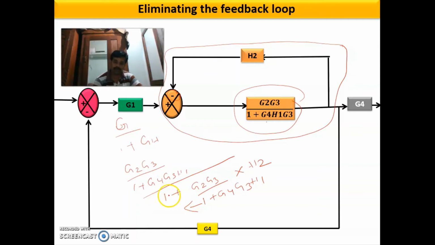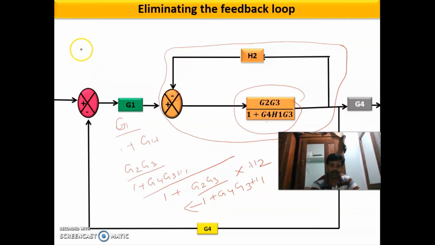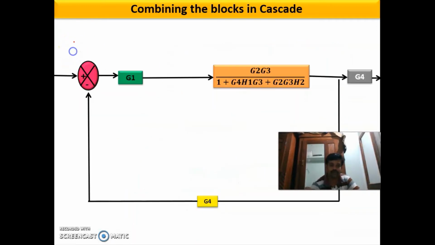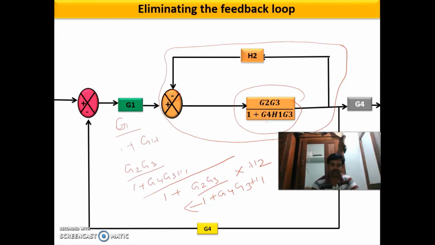So what you'll be getting is G2 G3 divided by 1 plus G4 G3 H1.